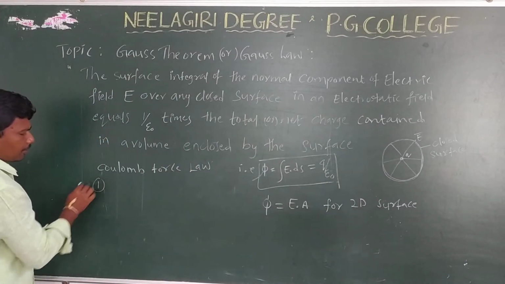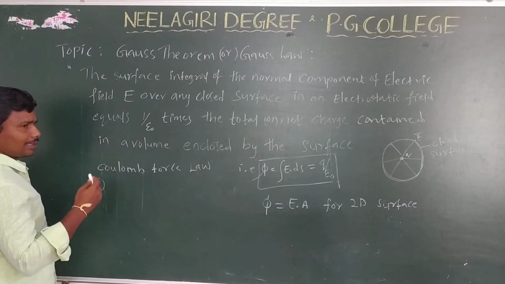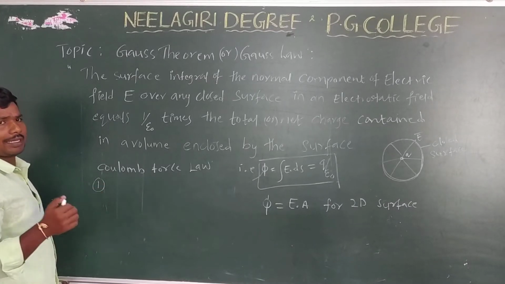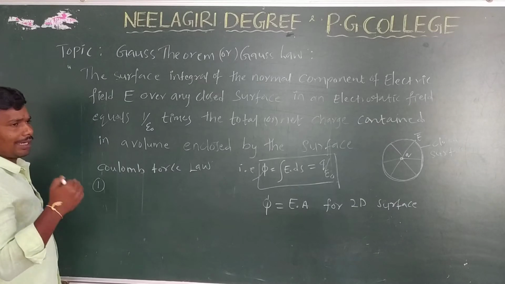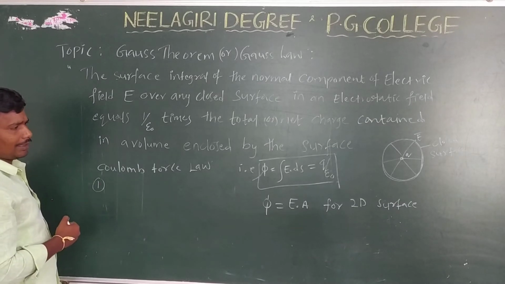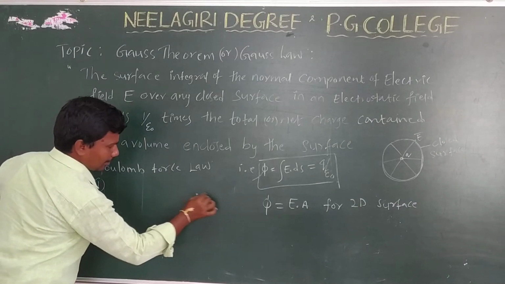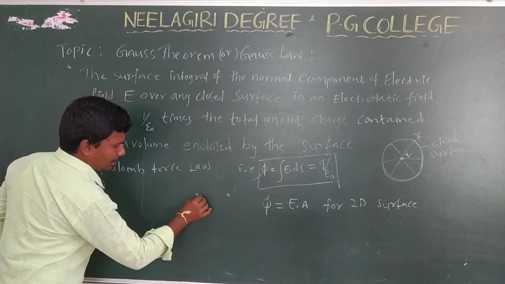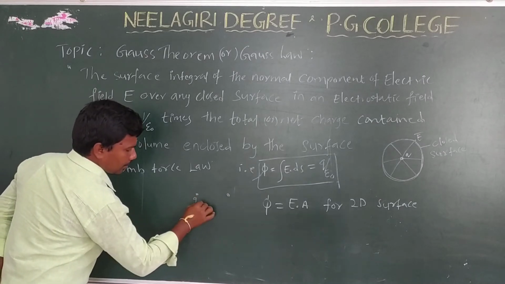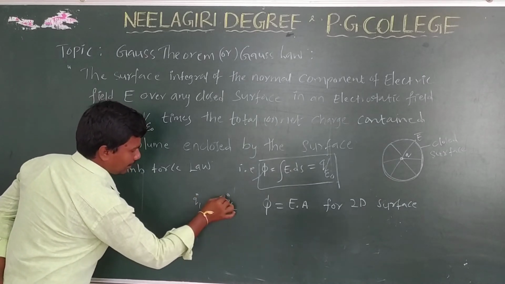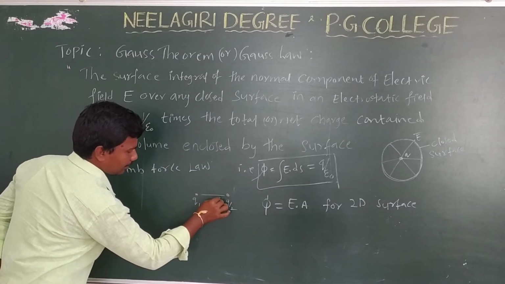What is Coulomb force law? The force that exists between two electrical charges is directly proportional to the product of the charges and inversely proportional to the square of the distance of separation of the charges.